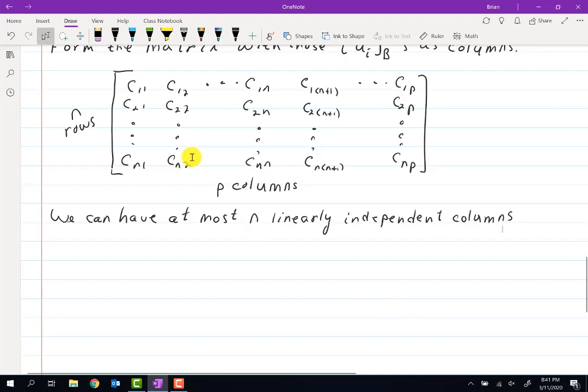If you try to go and get this into an echelon form, you'll get your 1, 1, 2, 2 all the way down to nn, but then you'll have other vectors that are still existing that you weren't allowed to whittle down through the echelon process. So since we can have at most n linearly independent columns, the columns are linearly dependent.